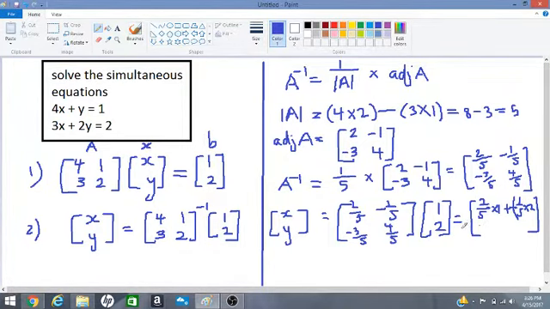And negative 3 over 5 times 1. Now we multiply this row by this column to get our value here. So we're plusing 4/5 times 2.